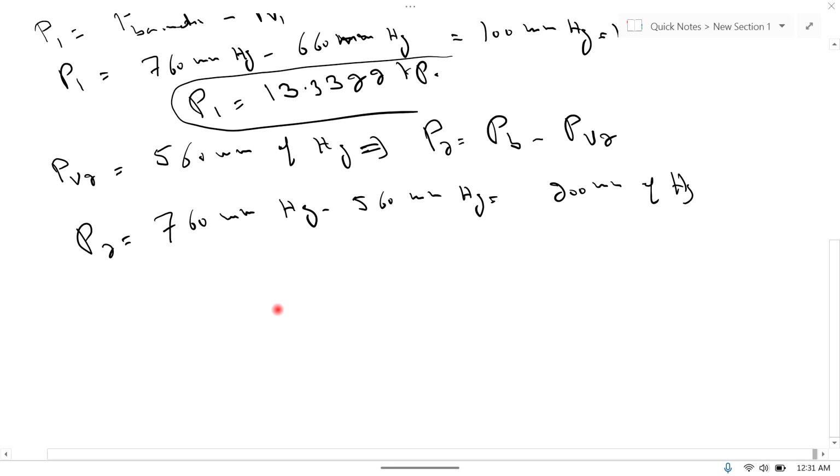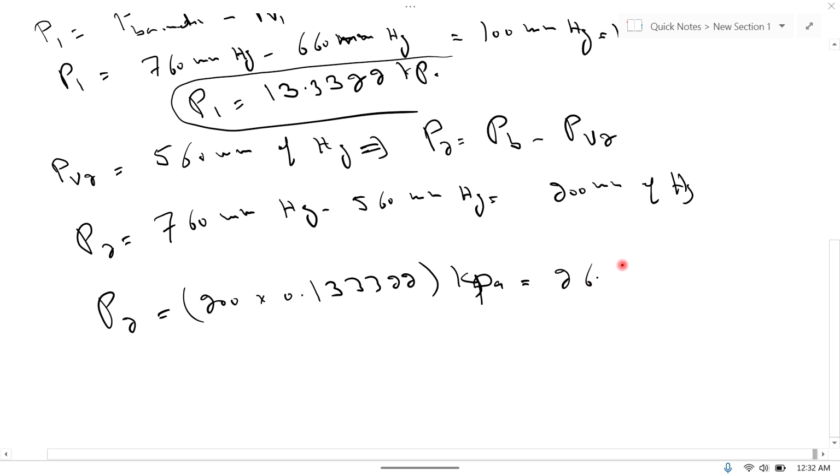So P2, converting this to kilopascal, is equal to 200 multiplied by 0.133322 kilopascal, which is equal to 26.6645 kilopascal.